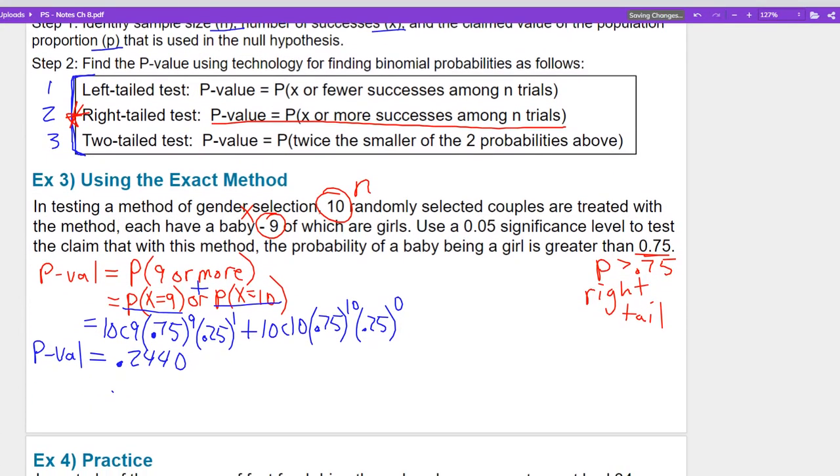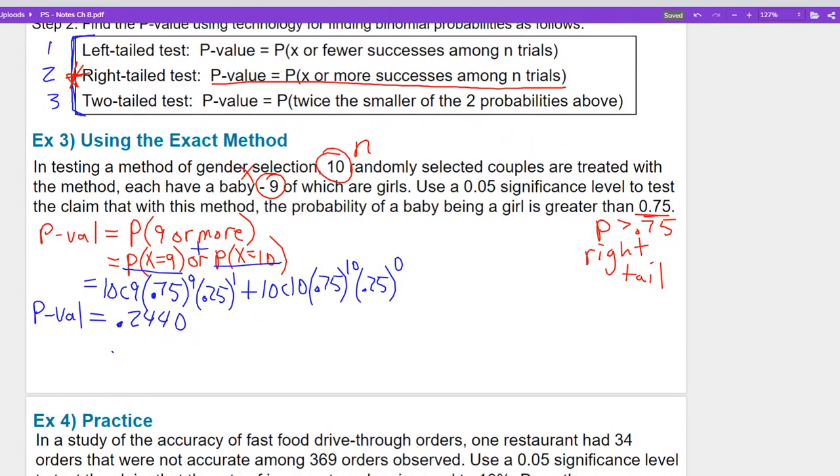Remember what we said. If the p is low, the null must go, right? We are comparing the p-value to alpha. And since we can see that is not, in fact, less than or equal to 0.05, then we know we're going to fail to reject the null.